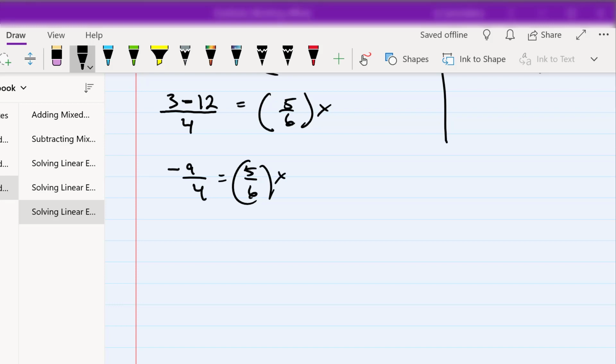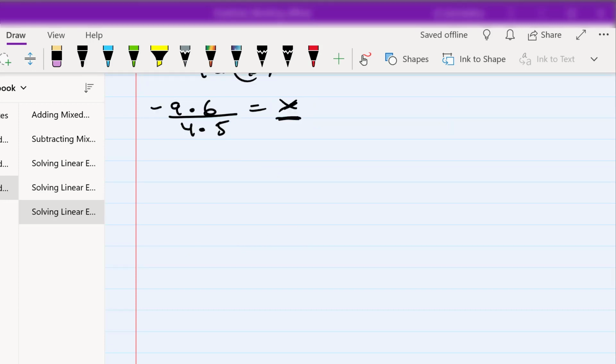To solve for x, we can cross multiply: minus 9 times 6, divided by 4 times 5, equals x. So we isolate x on the right-hand side. Then we can simplify and notice that 2 goes into 4 2 times, and 2 goes into 6 3 times.